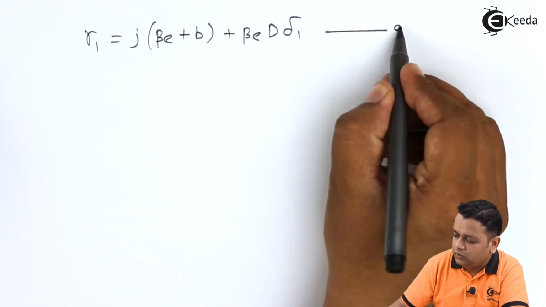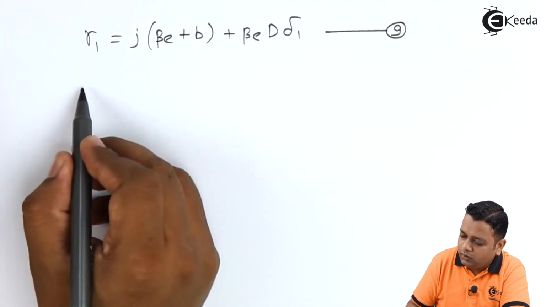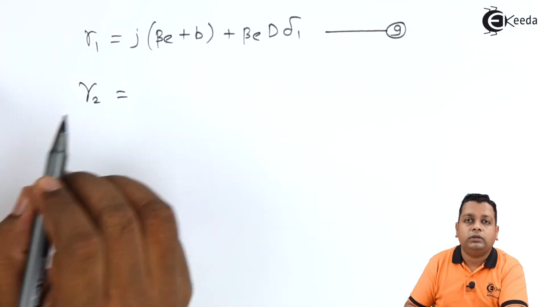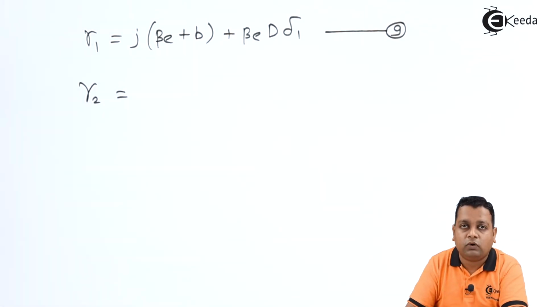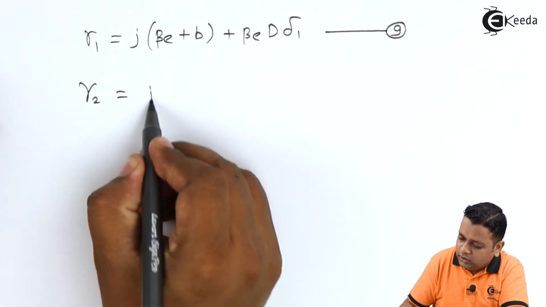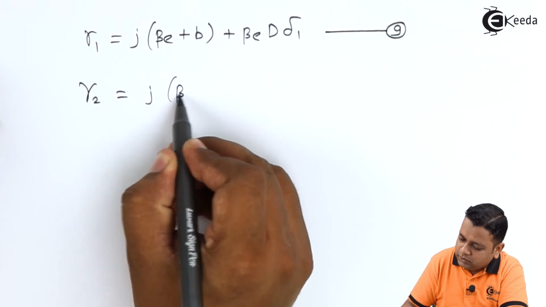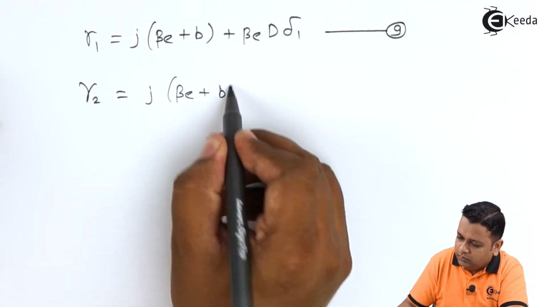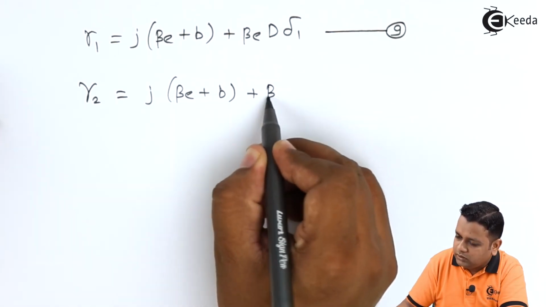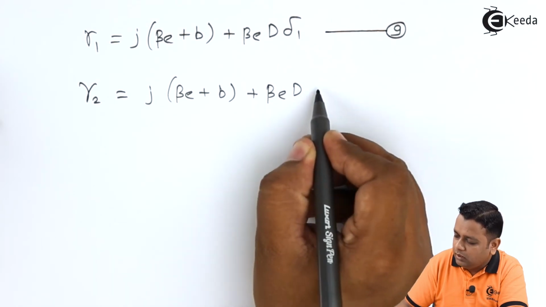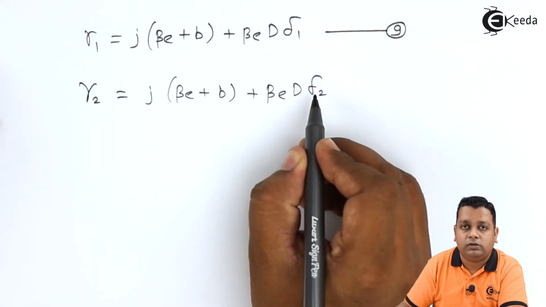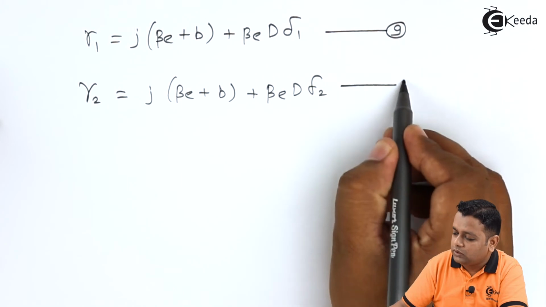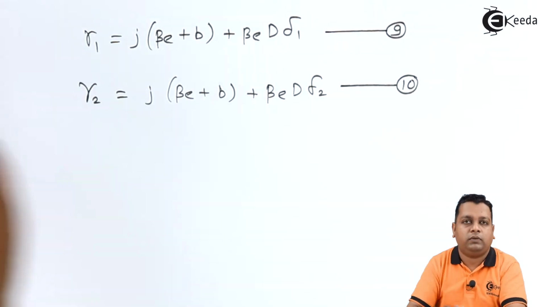So this will be equation number 9. And gamma 2, the second propagation constant for the second wave, will be given as j in the bracket beta suffix e plus small b, added with beta suffix e into capital D into del 2. So this will be equation number 10.